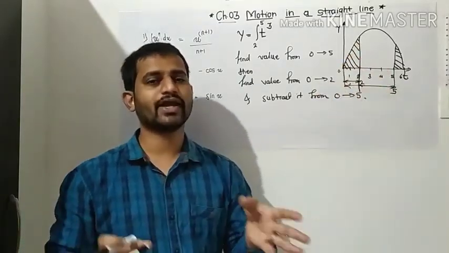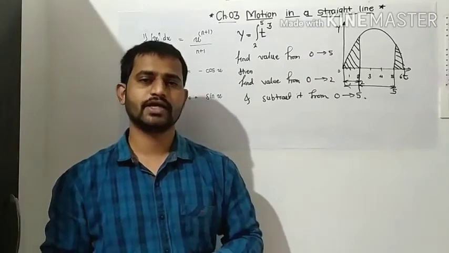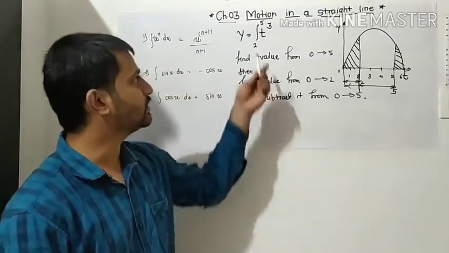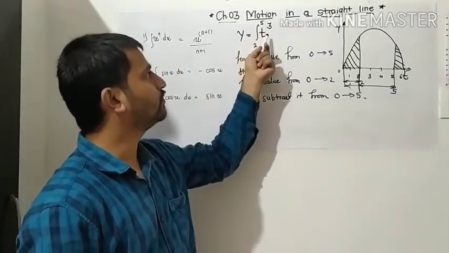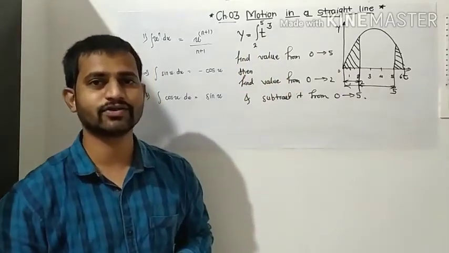We don't have to add any constant to the algebraic expression. Suppose we have this equation y is equal to t cube, with limits 2 to 5. Then how to take the integration of this?